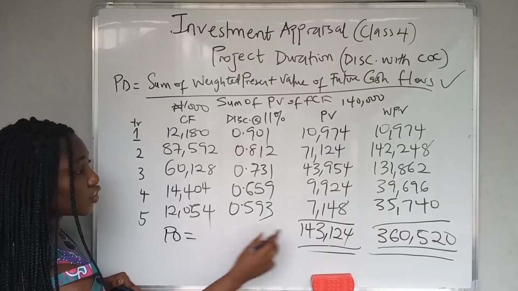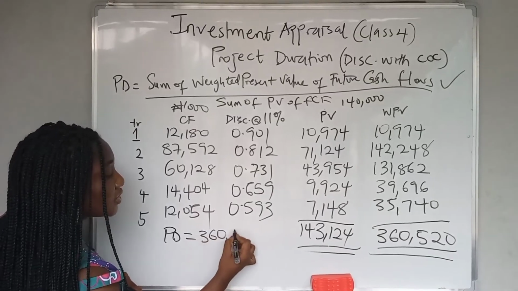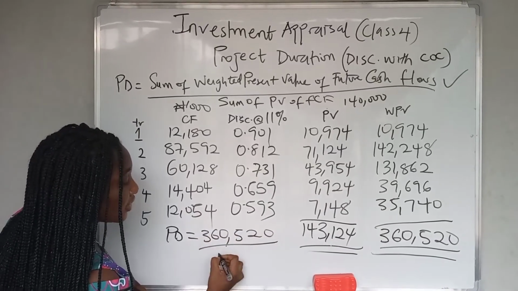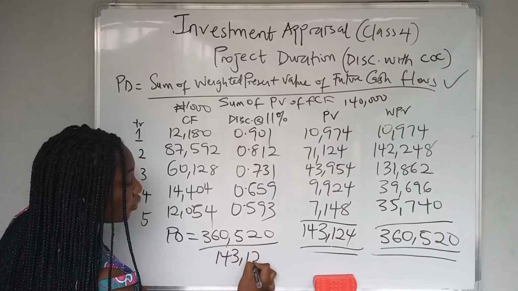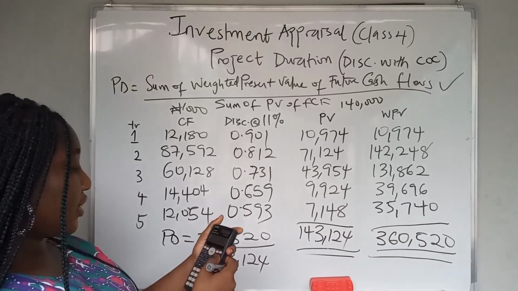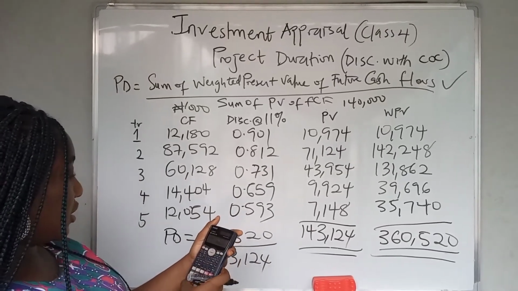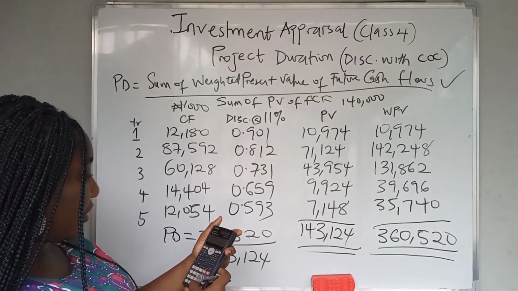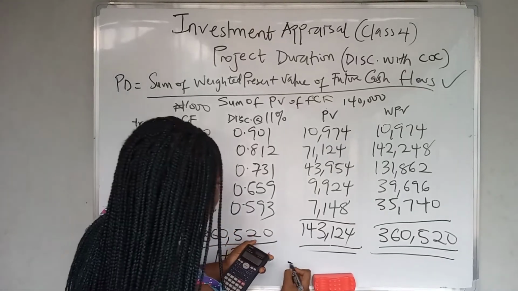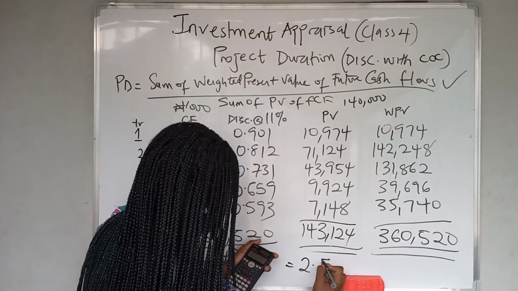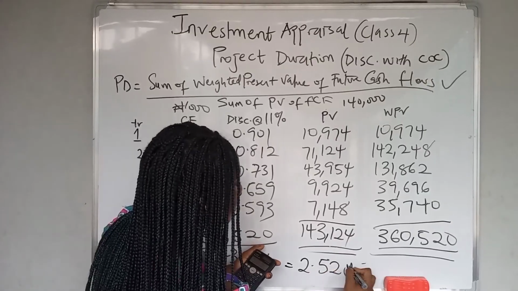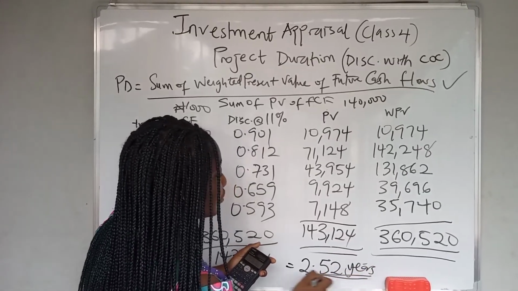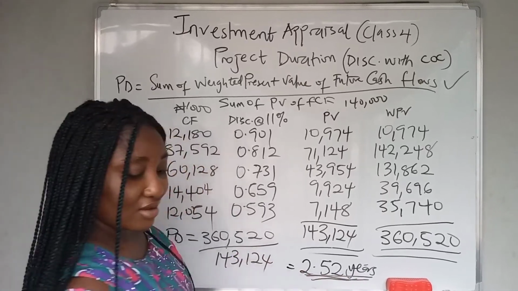Project duration will be equal to 360,520 divided by 143,124. That gives us 2.52 years, right? 2.52 years.